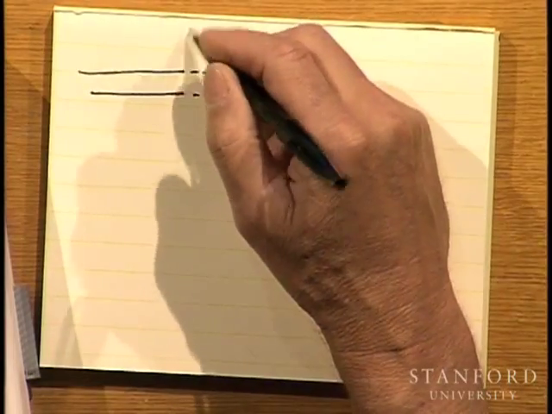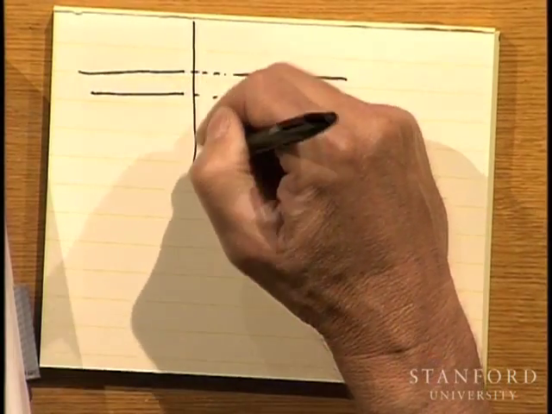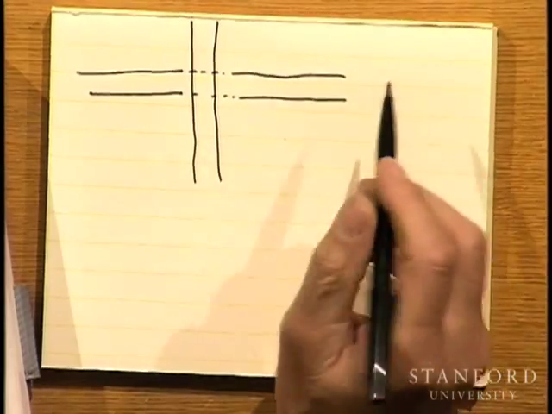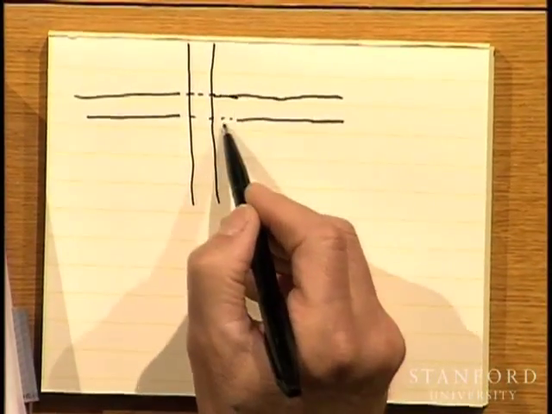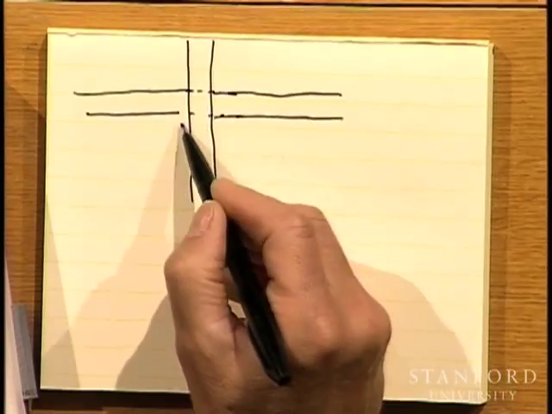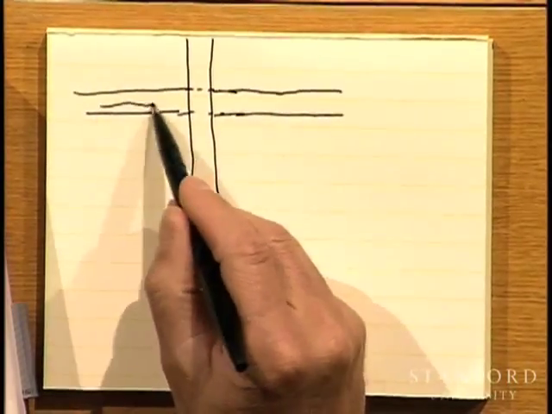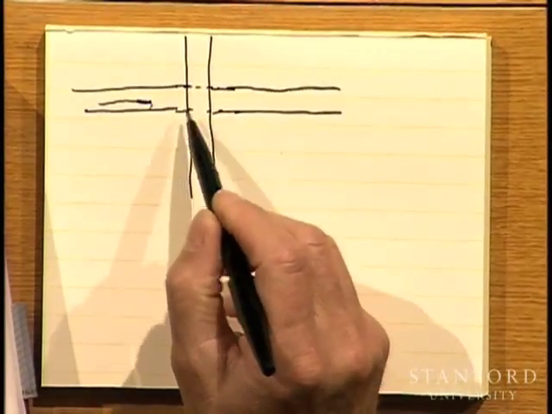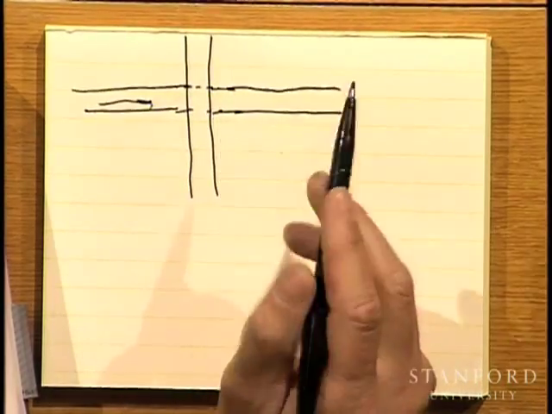Okay, so I want to build an overpass here, right? This is fundamentally what you need to make a transistor or a crossover. You need the capability to have this line going underneath this line and not be connected to it on either side.